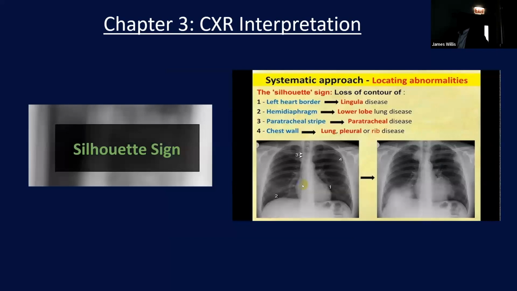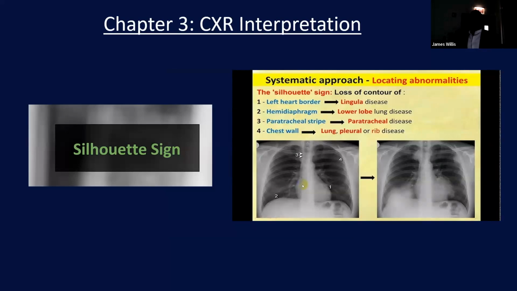So the silhouette sign. This sign is going to be more revealing on the frontal views of your chest X-ray. Based off of the location of the haziness, it'll tell us the pathology behind the disease that we're actually having, right? So once again, always correlating it to the clinical picture. We have an 81-year-old female with shortness of breath and coughing.